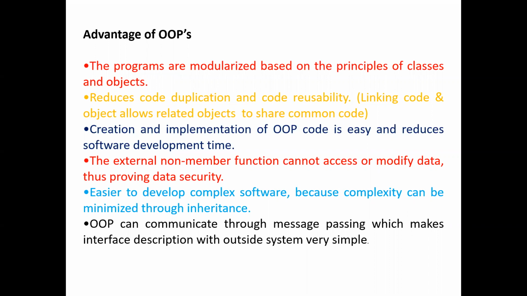The second advantage of OOP is that object-oriented programming reduces code duplication and provides code reusability. Once you have solved a problem by using object-oriented programming, it contains classes and objects. If a particular class is required in the second part of the program, or the same class is repeating a number of times, then there is no need to rewrite that class at the required position.